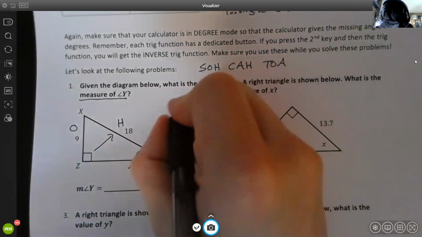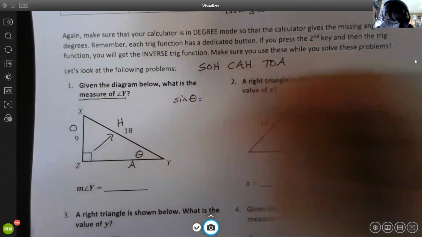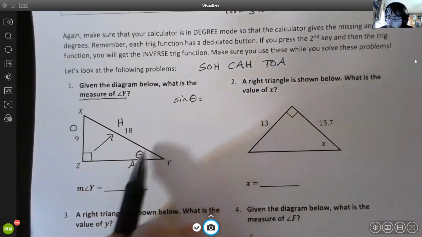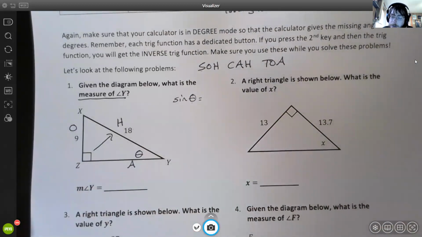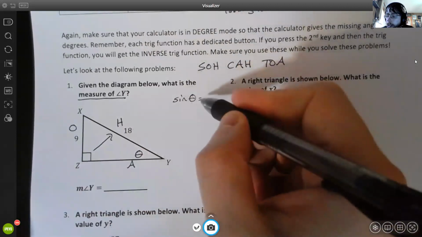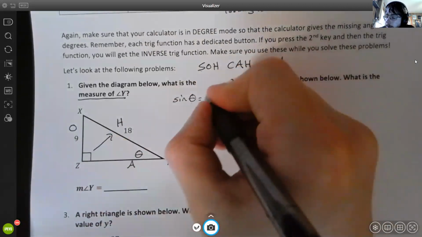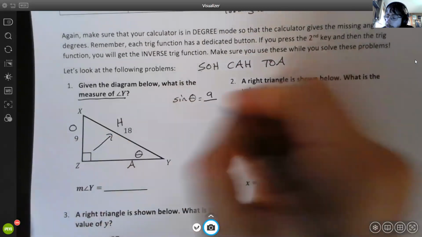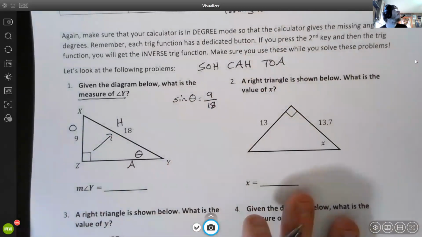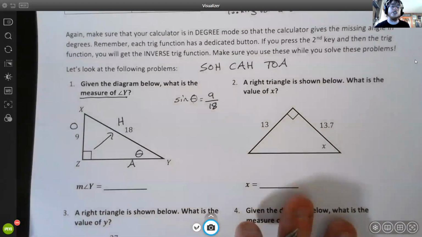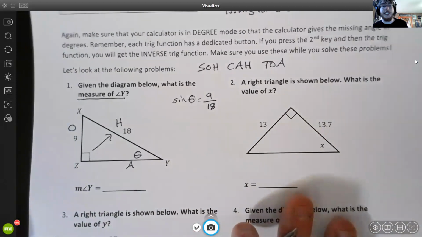So we're going to write sine of theta equals, and remember we have to write theta because we don't know what theta is. And then our opposite, which is 9, over our hypotenuse, which is 18. So sine of theta equals 9 over 18.